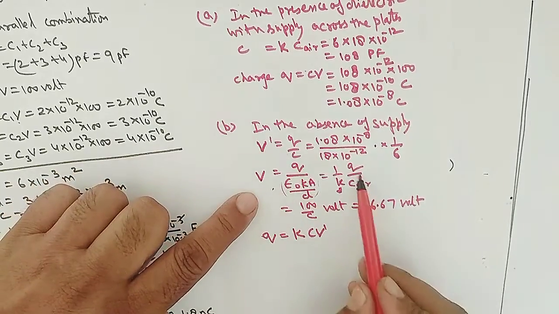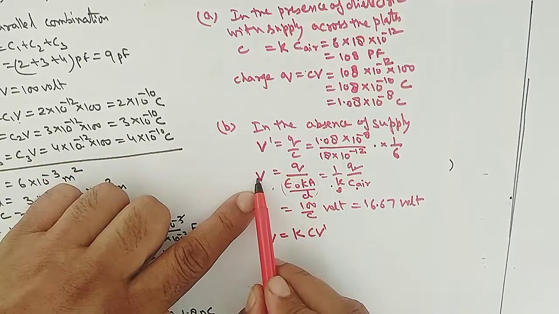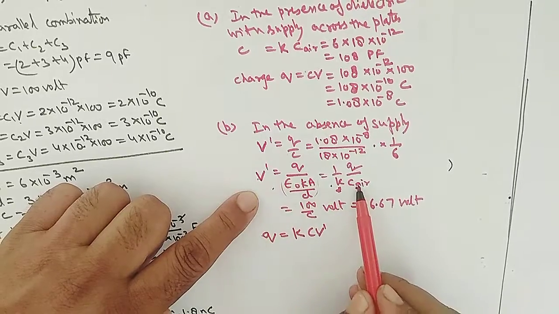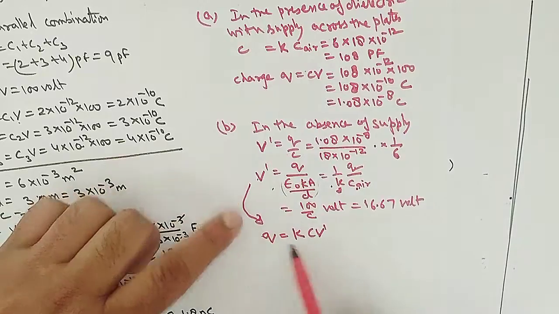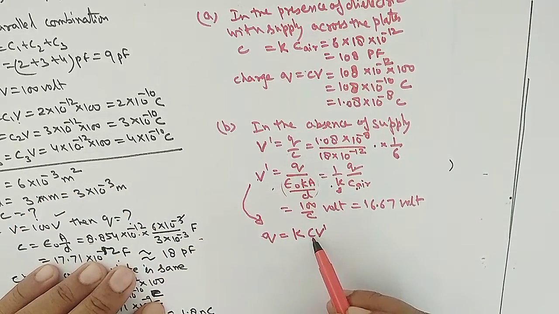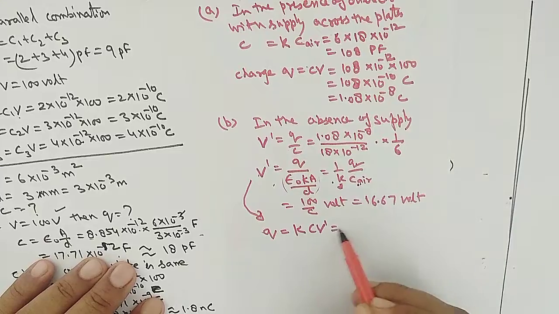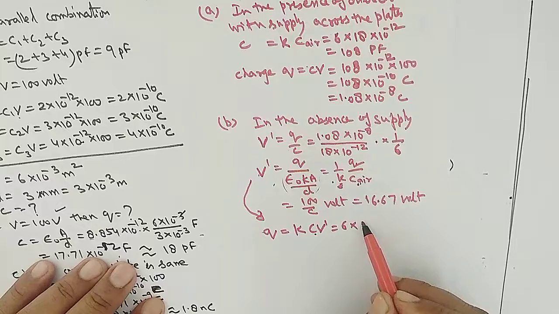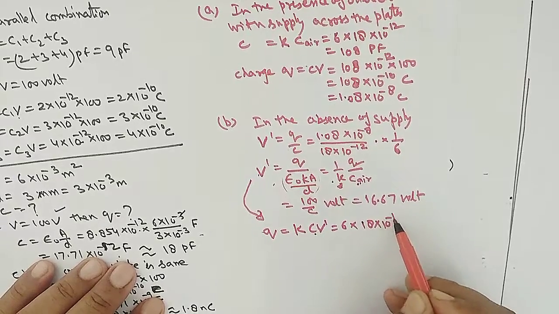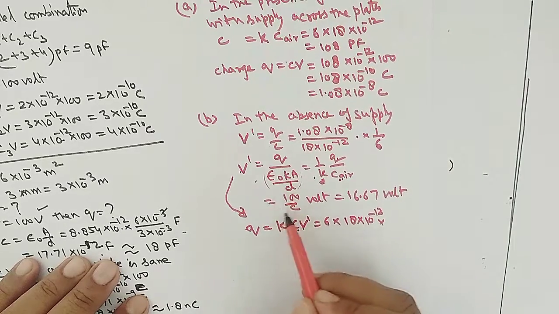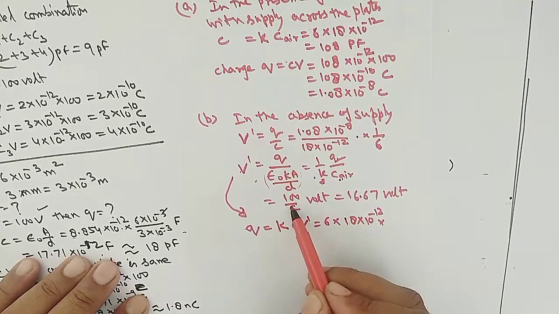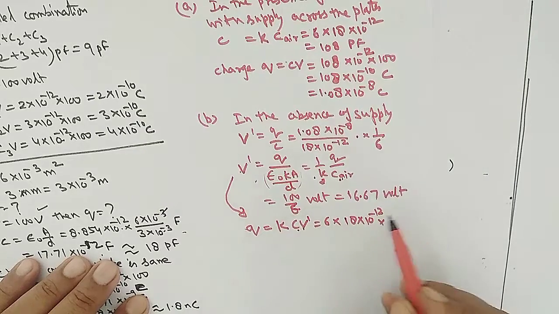So Q is equal to K V dash into C. You can write this formula, and C is the air capacitor. So put the values. K means 6 and C air, its value is 18 picofarad, 10 to power minus 12. And we have to find V dash. V dash is equal to 100 upon 6.